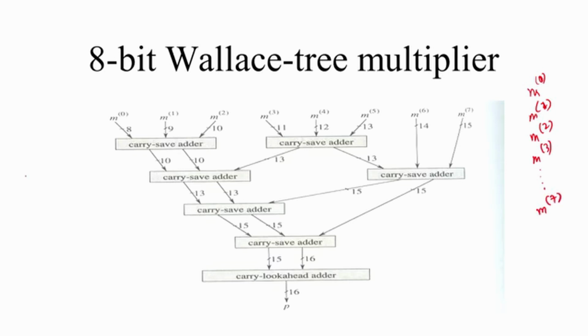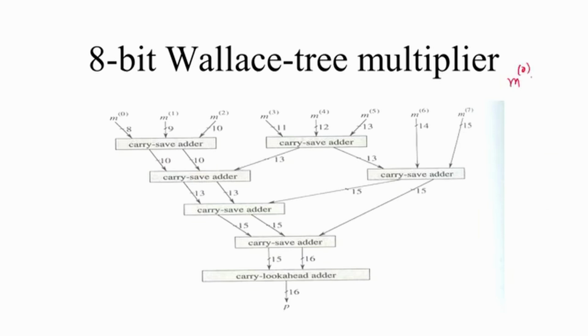These are all the partial products. I will get 8 partial products, M0, M1, M2 till M7, in constant time, using just an AND of each bit of the multiplicand with the multiplier, or of the multiplier with the multiplicand. So what is M0?